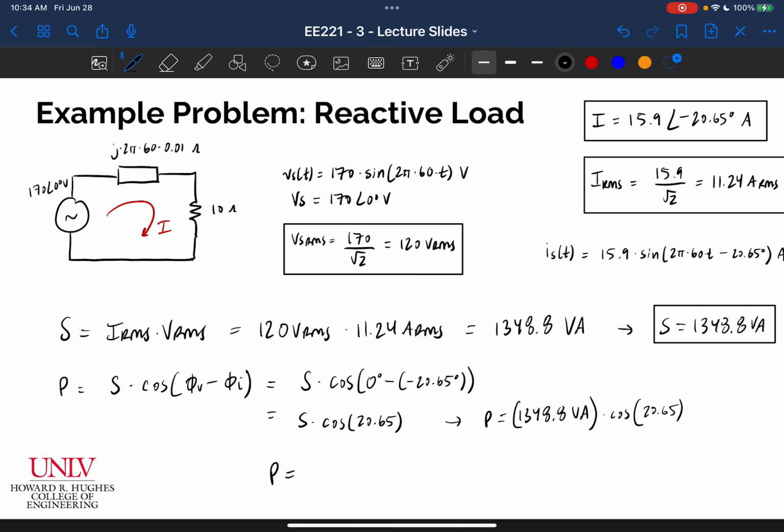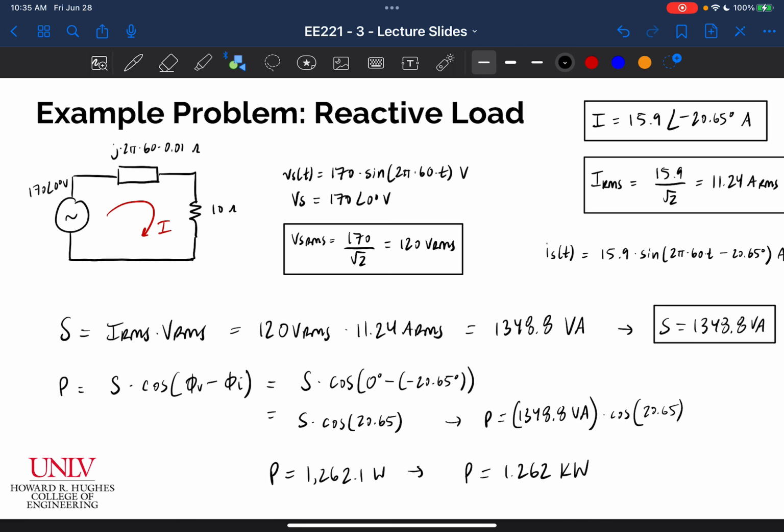And again, average power is measured in watts. So I know this gets a little bit confusing and you're probably wondering why, but it's all just to distinguish one quantity from the other. I calculate 1,262.1 watts, or 1.262 kilowatts for my average power.